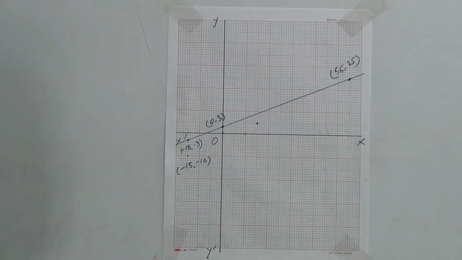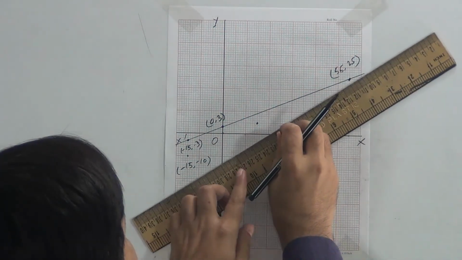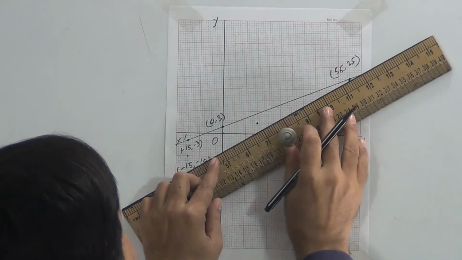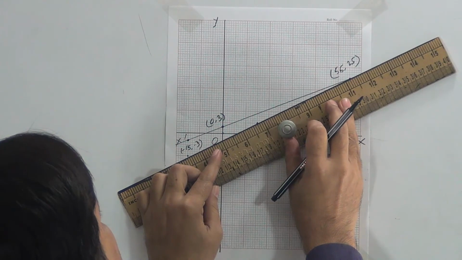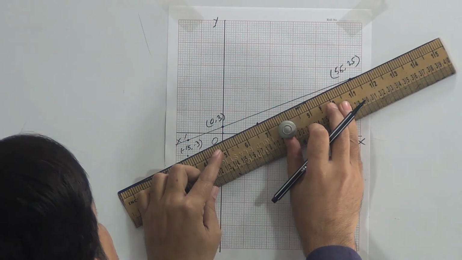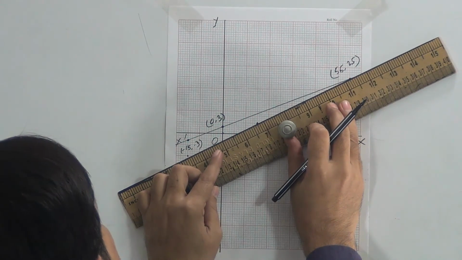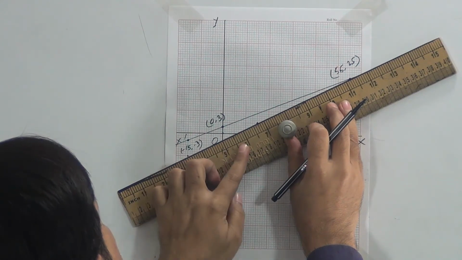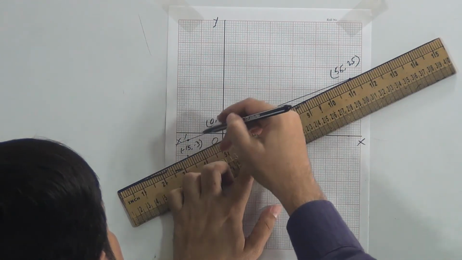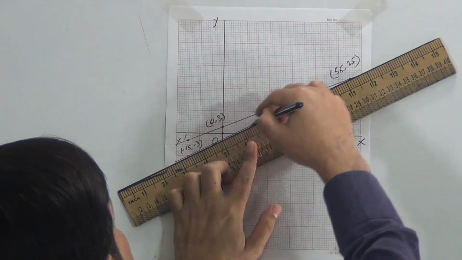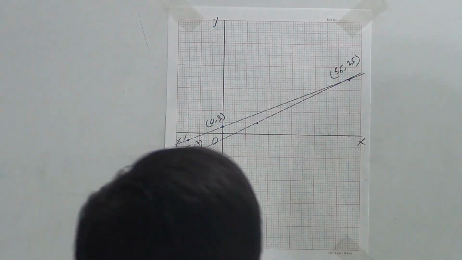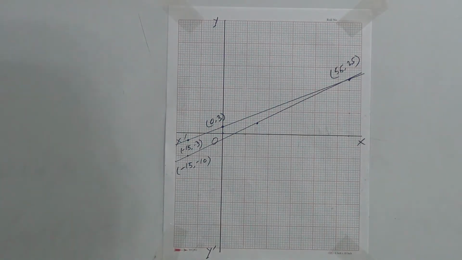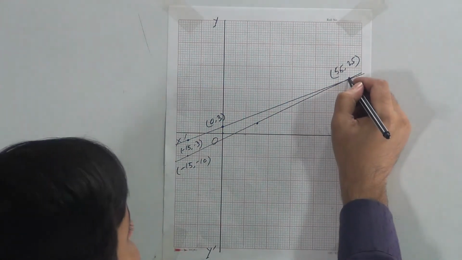So we can join these 3 points again to get another straight line. These 2 straight lines intersect each other at a point.